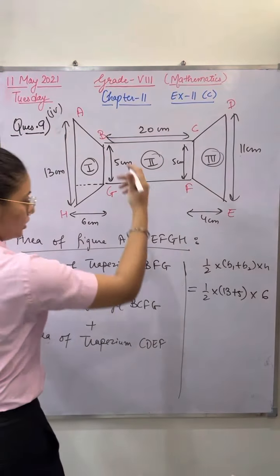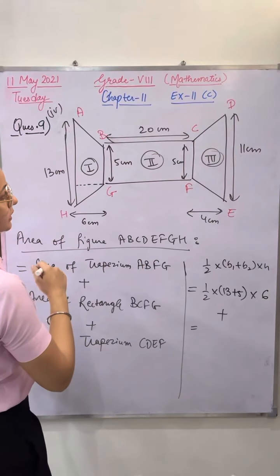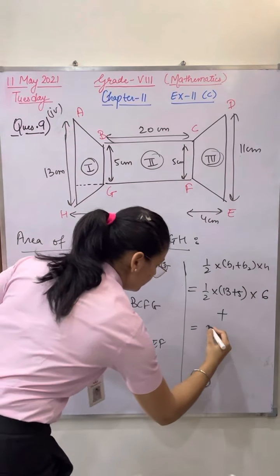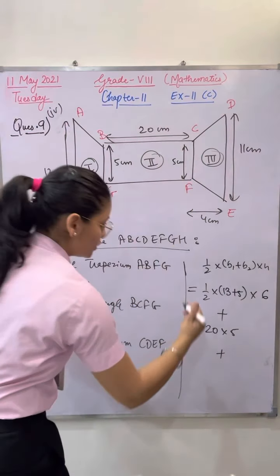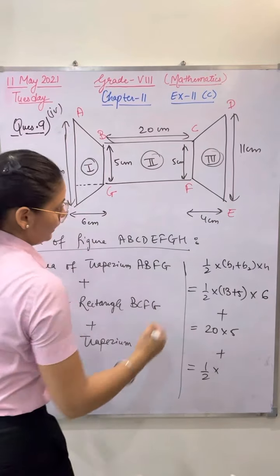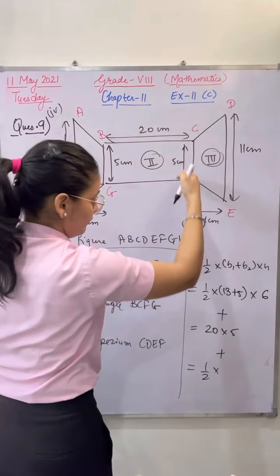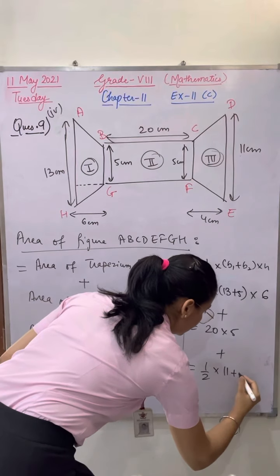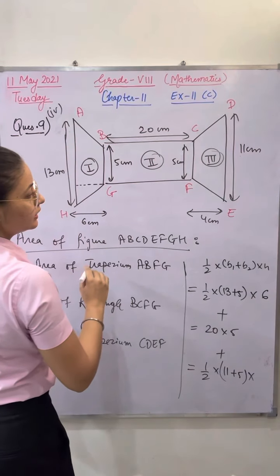Very good. Length is 20 centimeter and breadth is 5 centimeter. Now next is the area of this trapezium. B1 is 11 centimeter and B2 is 5 centimeter. Absolutely correct. And what is the height? Ma'am, height is 4 centimeter.